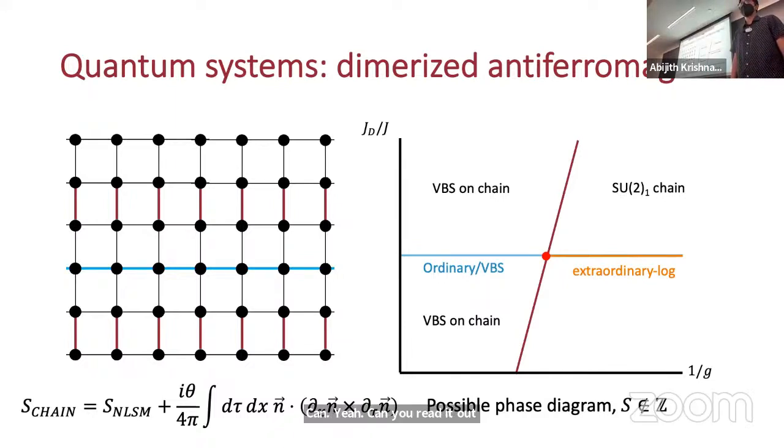Is it periodic in both directions? Yeah, we can consider it to be infinitely large, so I don't think the periodicity should matter. But yes, you can consider it to be periodic in all spatial directions. All right, thank you for the question.